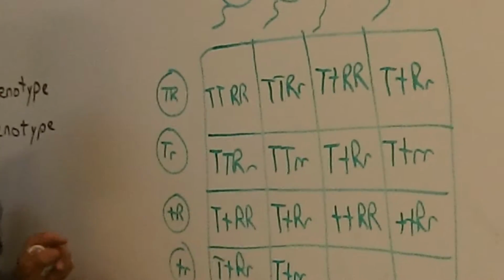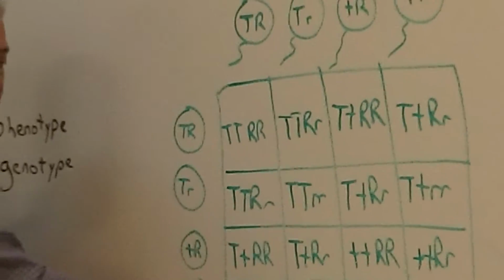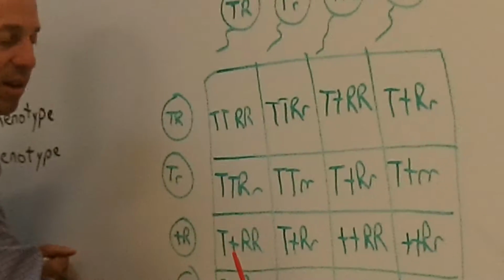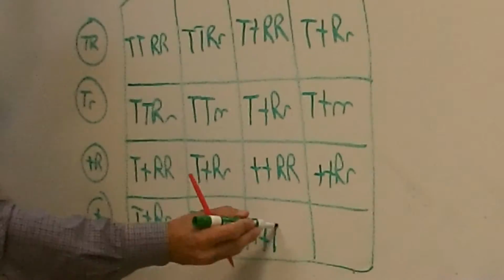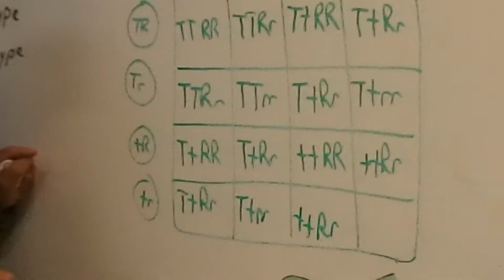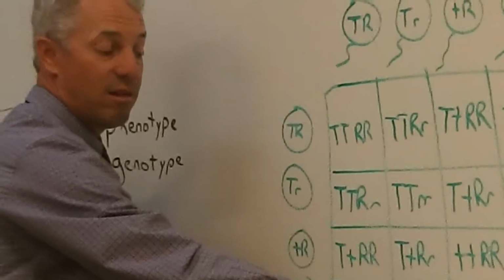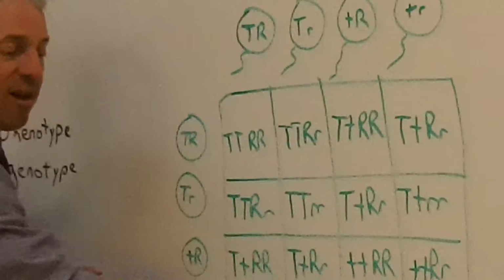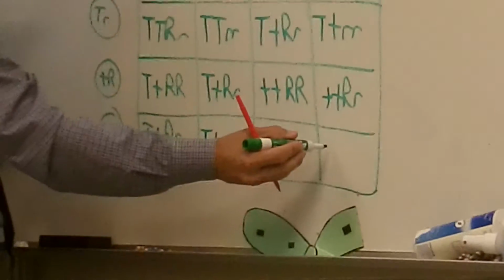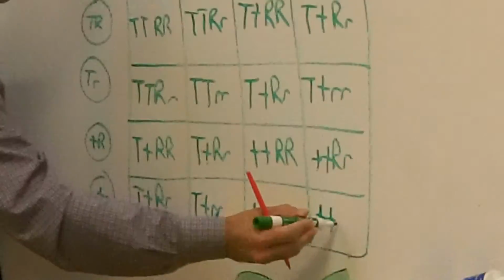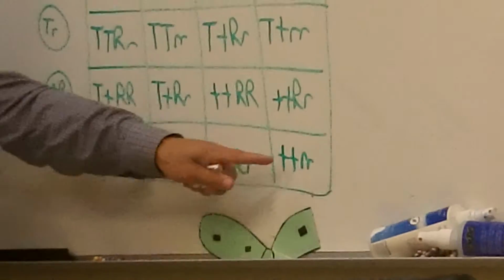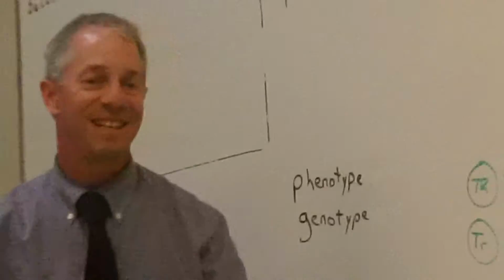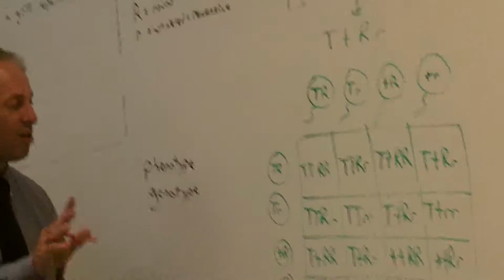Tall wrinkled. Little t, big R. Short round. And final one, little t, little r. Short wrinkled. Wait, we're not finished yet.